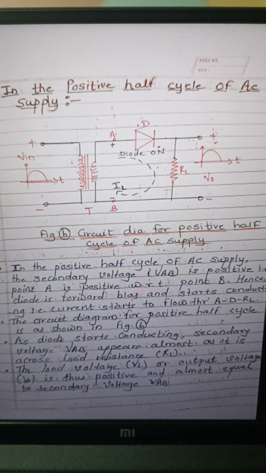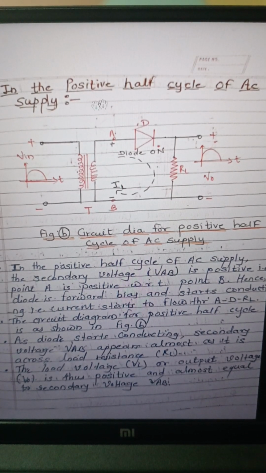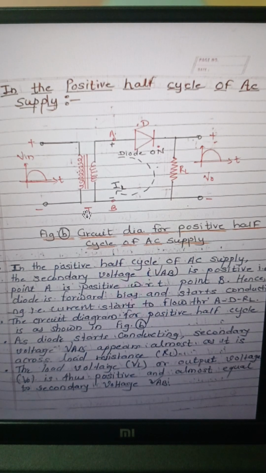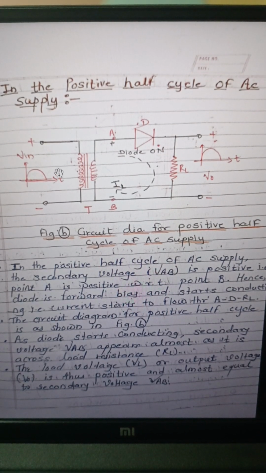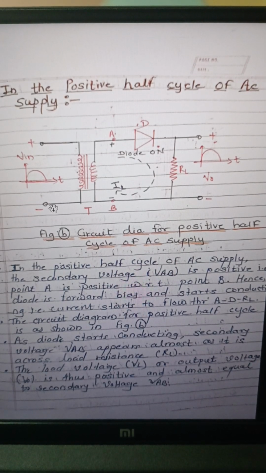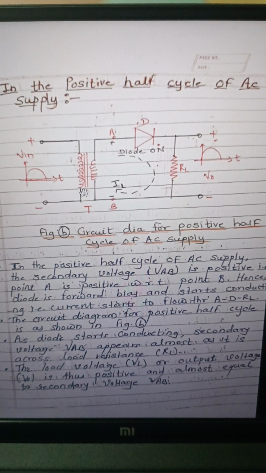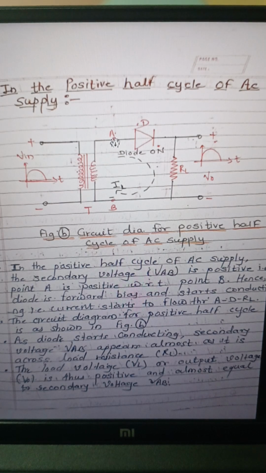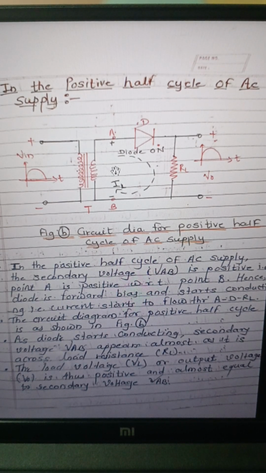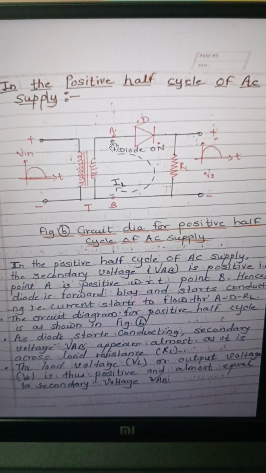This is the circuit diagram of half wave rectifier during positive half cycle. So this is the positive half cycle. Positive input voltage is given to the input side, so that secondary winding of step down transformer, that is the point A and point B. So this voltage is called the secondary winding voltage, that is VAB.